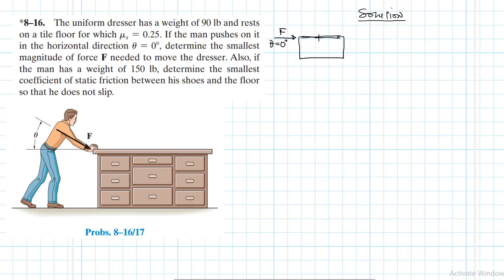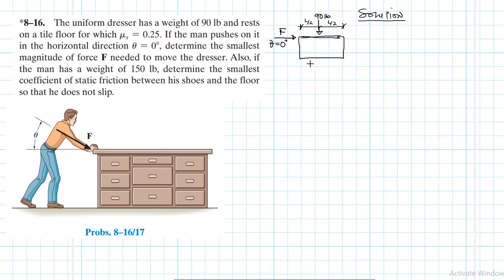We've not been given any dimensions of this dresser, and we have the weight acting through the centroid, and we know the centroid will be half span of this dresser. So if it is of length L, then you expect L over 2 and L over 2. And this weight you've been told is 90 pounds.